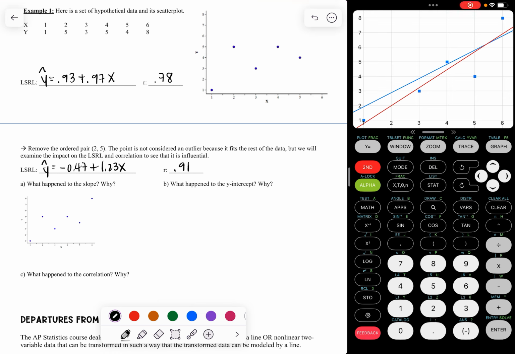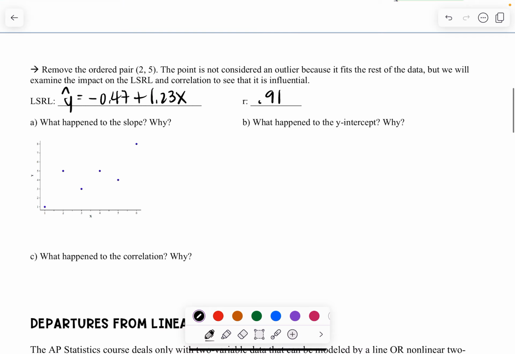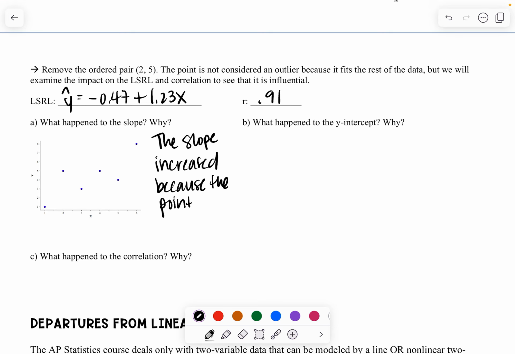So we're going to explain what that means for each of these summary statistics. So what happened to the slope? We can say the slope increased because the 25 was influential and pulled the LSRL towards it.